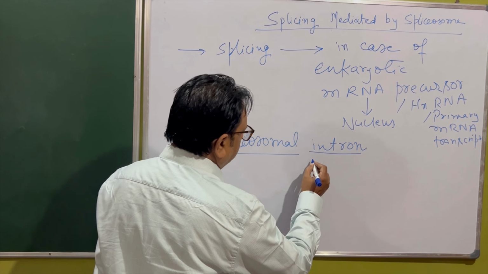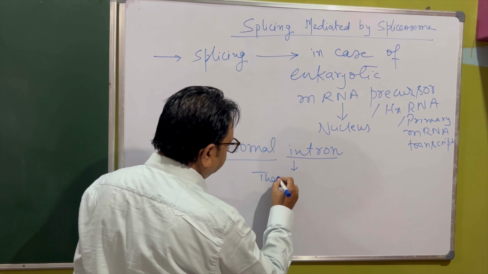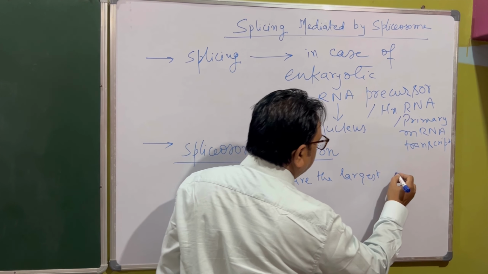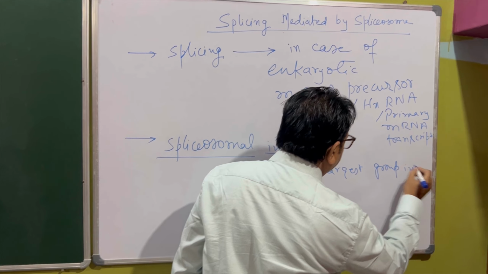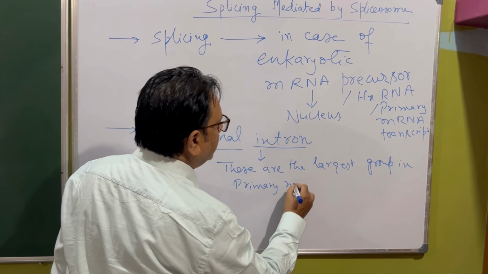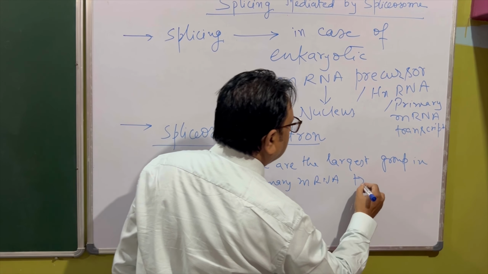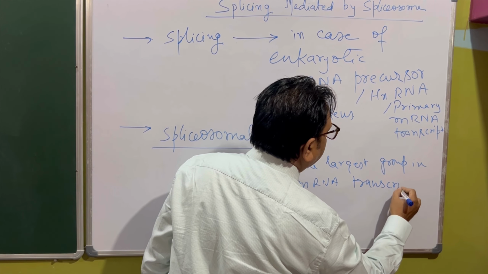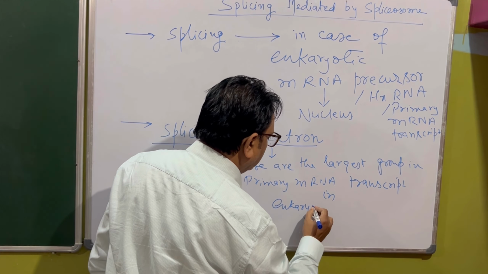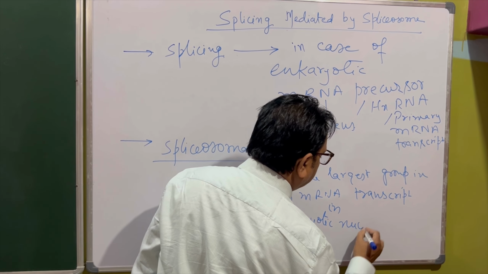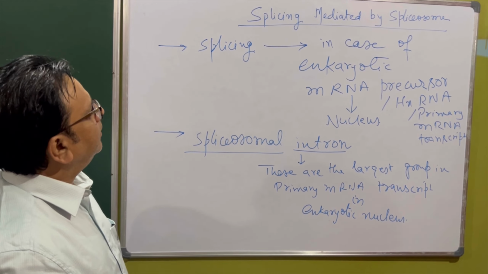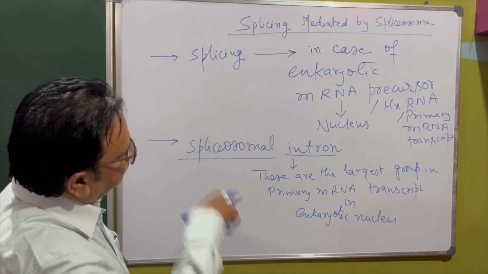These are the largest group in primary mRNA transcript in the eukaryotic nucleus. Okay, so these two are the basics when we start splicing mediated by spliceosomes.